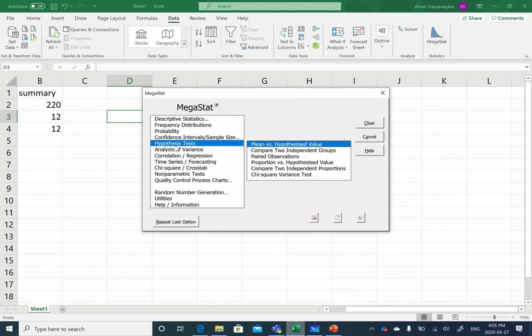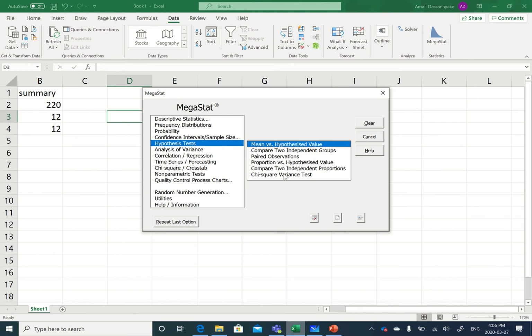Hypothesis test. We have 1, 2, 3, 4, 5, 6 different hypothesis tests listed here, right? Which one should we use? Proportion versus hypothesized, no. Compared to independent proportions, no. These two are definitely not valid here because we are dealing with the mean.